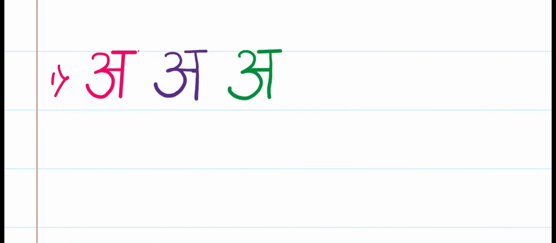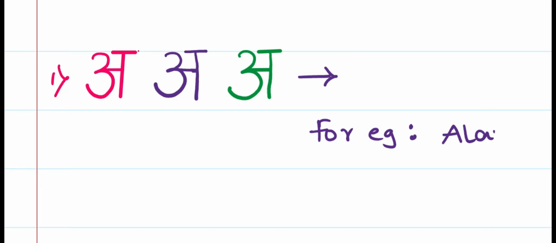I hope you have written down the first letter as shown on the screen. Let's learn how to pronounce this vowel. We'll learn it through an English example. If I say alarm, the pronunciation of the A in it is a.